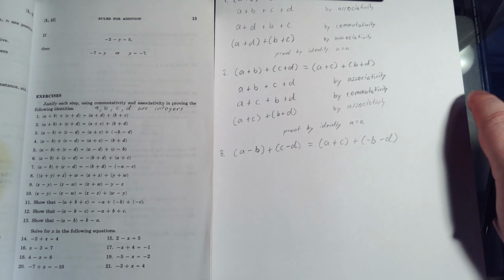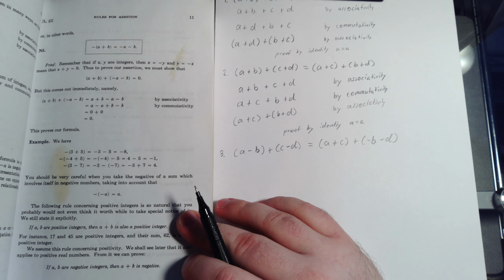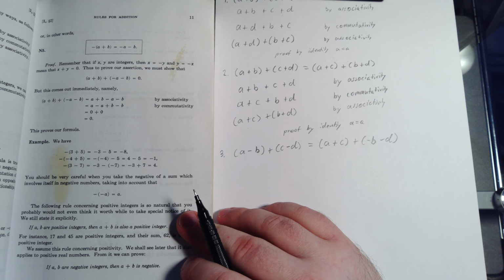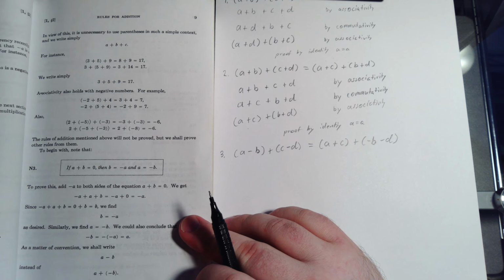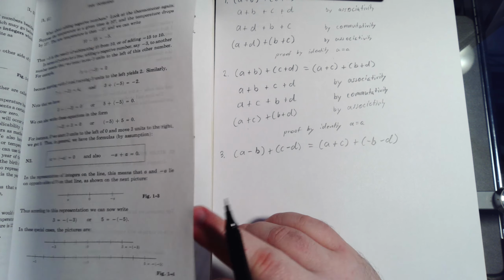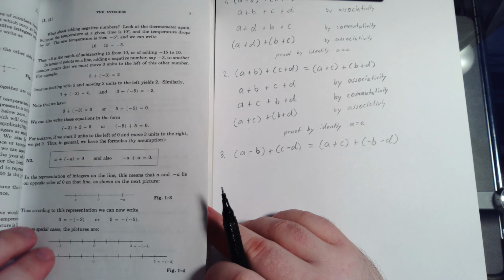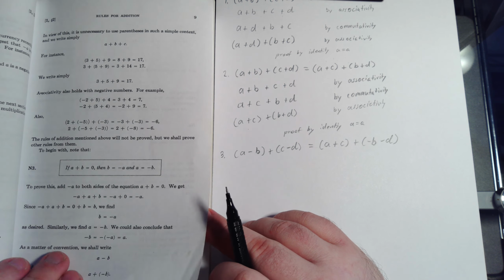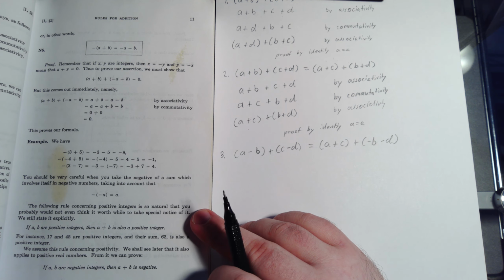I think I need to go back to find out what rule that is in the book. That would be, it's either N4 or N5.